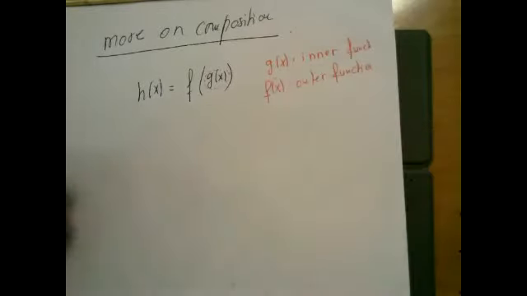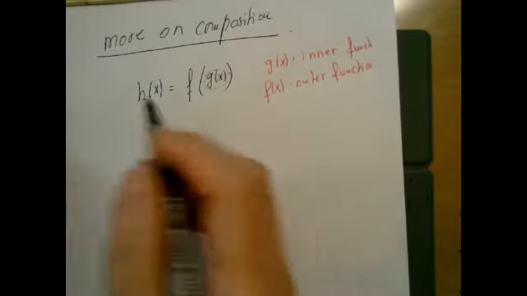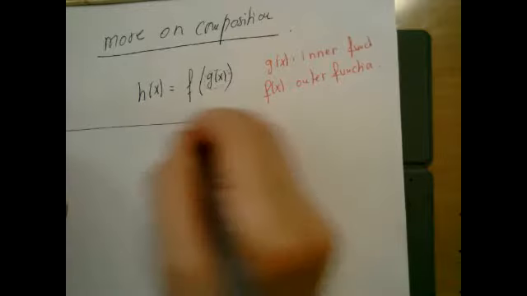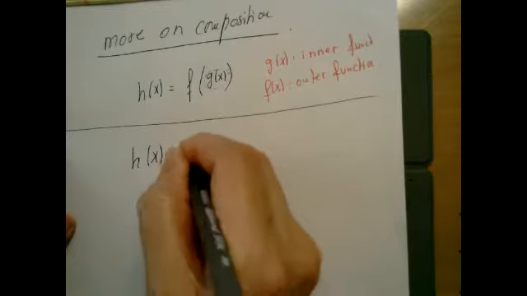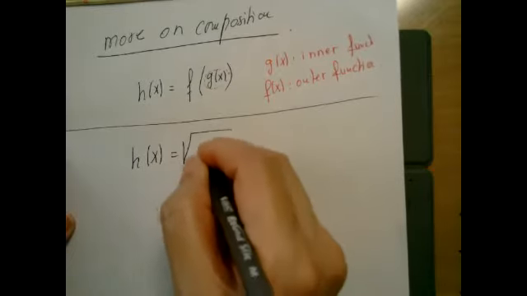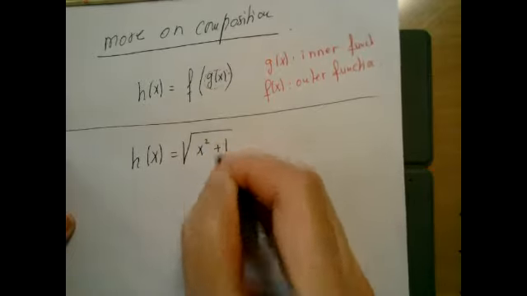But now I'm going to ask you the following question. My question is very simple. I'm giving you h of x is the square root of x squared plus 1.